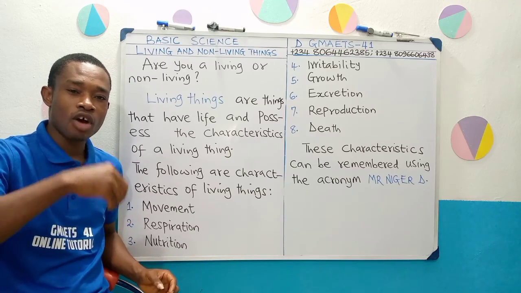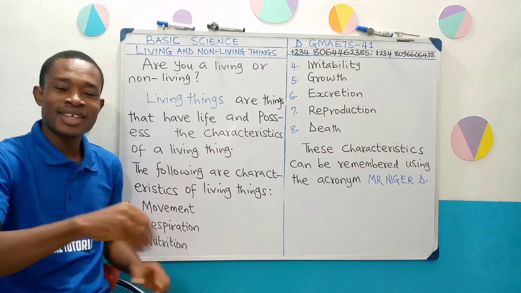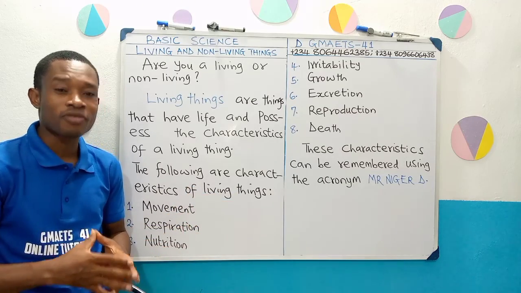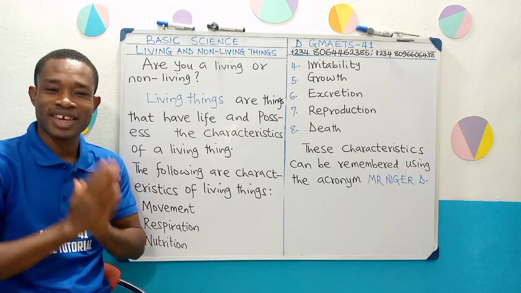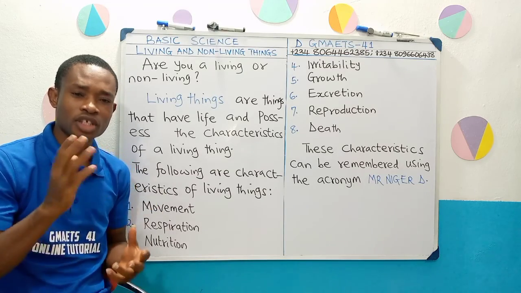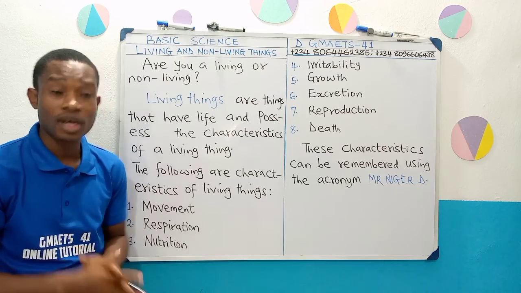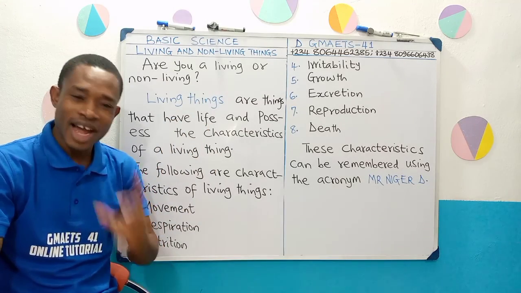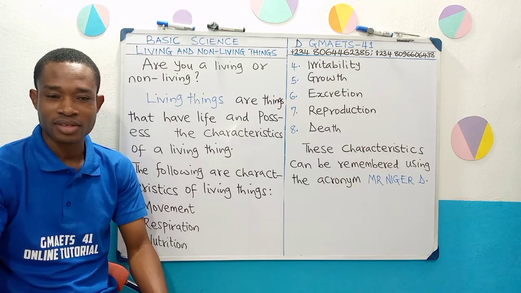But if the breaking down of food takes place in the absence of oxygen, where there is no oxygen, we call that type of respiration anaerobic respiration. Don't worry, dear students, I am going to teach you about that in our next class, because we will pick each of these characteristics of living things and talk about them in our next class.